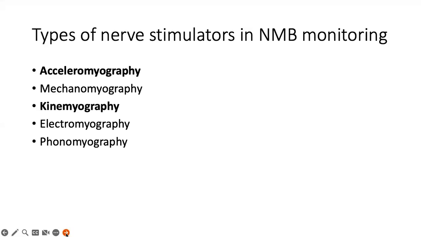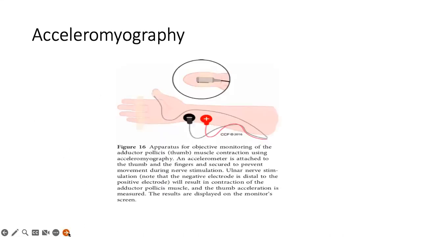The types of nerve stimulators that are available, these are just the main types. The ones I've put in bold: acceleromyography and kinemyography. I think in our institution, we had the kinemyography. So it's a similar principle, the only difference is that acceleromyography is based on one of Newton's laws, but they will not ask you this for your level of exams.